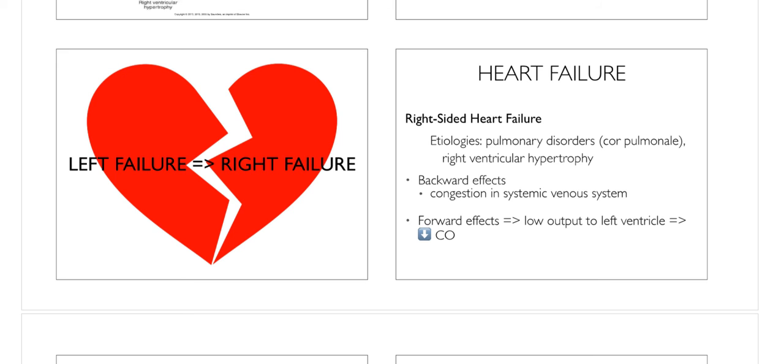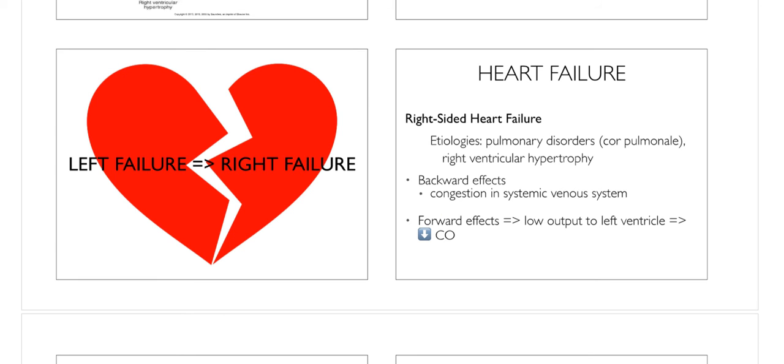All of that will lead to the right ventricle having a more difficult time pumping blood through those congested lungs, which, in order to overcome that, will have to hypertrophy. If it has to experience that much stress constantly for that long a time period, eventually the heart can develop right-sided heart failure.